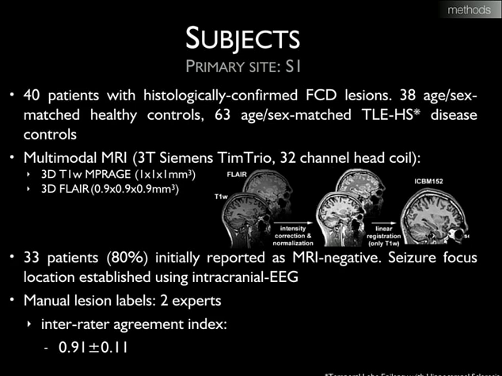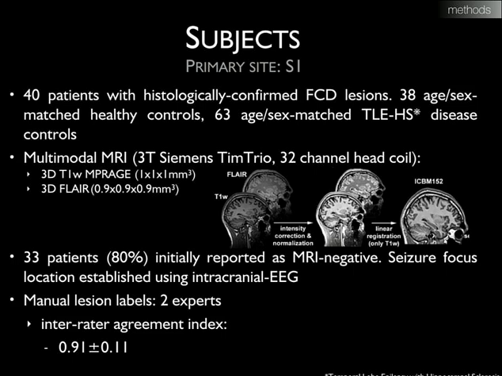So at the primary site, we had 40 patients with histologically confirmed FCD lesions. To demonstrate specificity, we used 38 age and sex-matched healthy controls and 63 age and sex-matched temporal epilepsy patients with hippocampal sclerosis as disease controls.